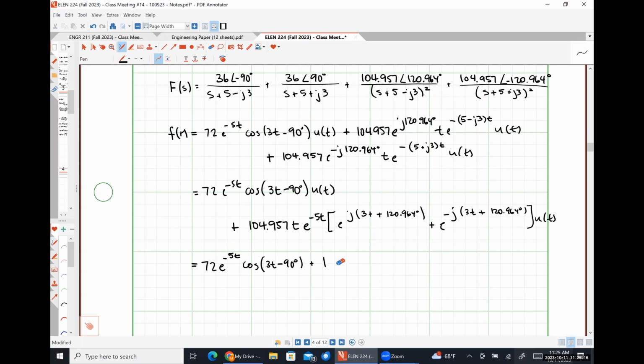Actually, sorry, that 104 should be multiplied by a factor of 2. 209.914 t e to the minus 5t cosine 3t plus 120.964 degrees. All of this multiplied by a unit step function.